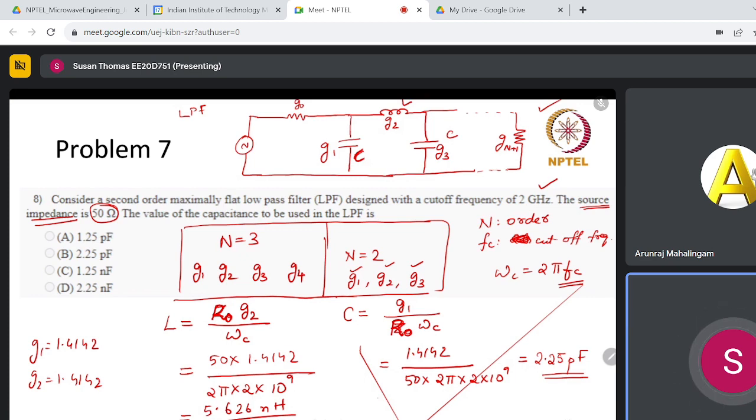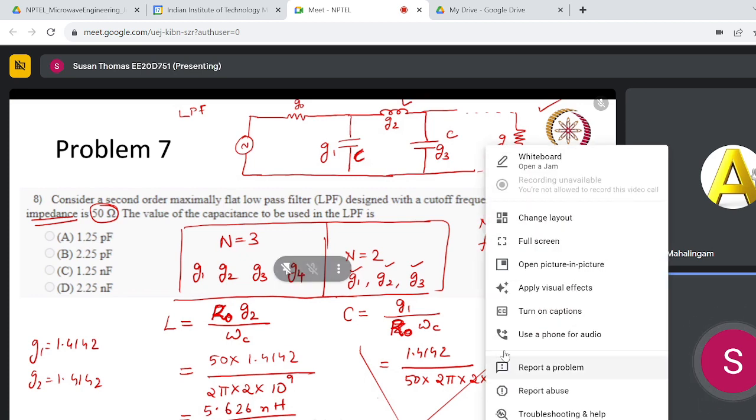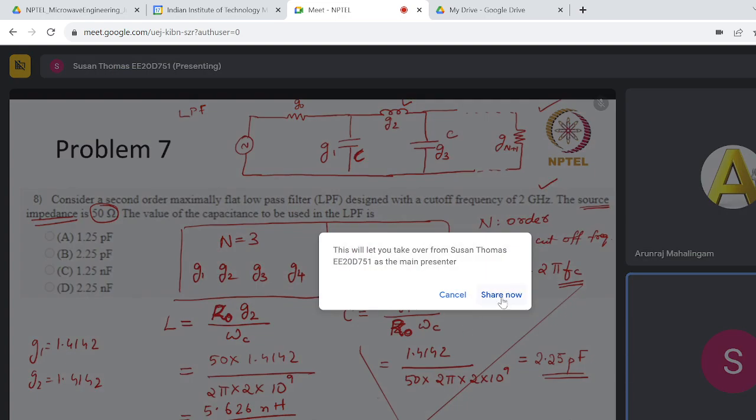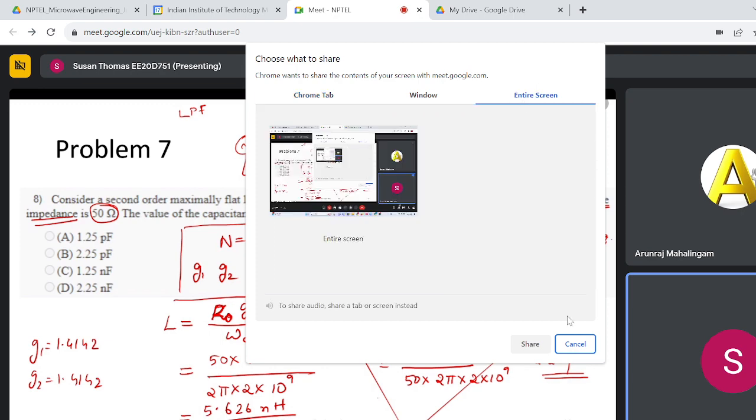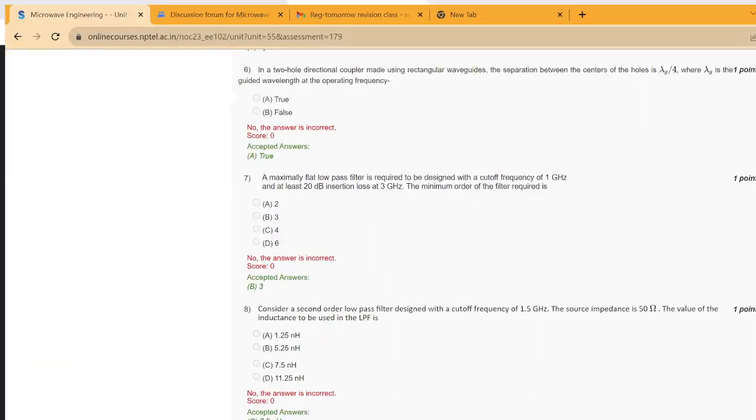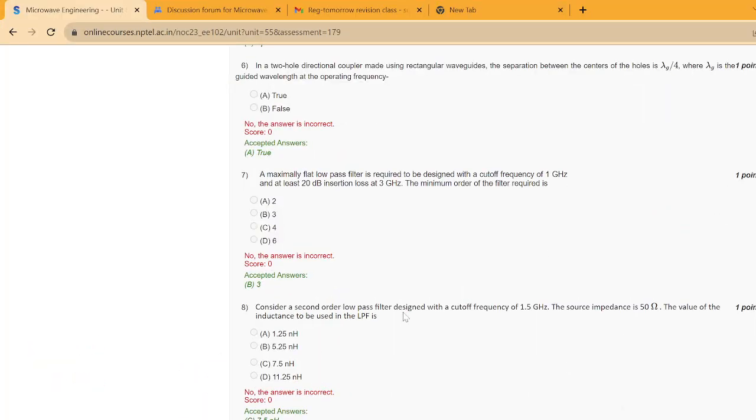Okay. Now, going on to your specific question in the assignment. In the assignment, the question was to consider a second order low pass filter. So n is equal to 2. So it is clear that we have to have G1, G2, G3.